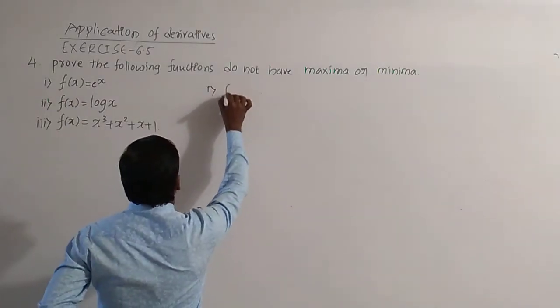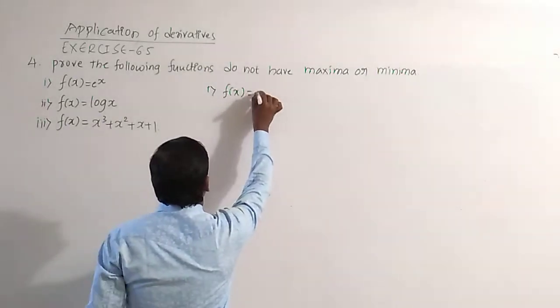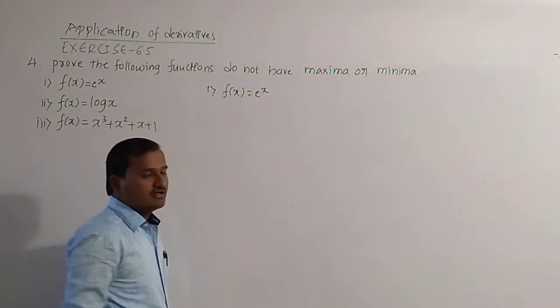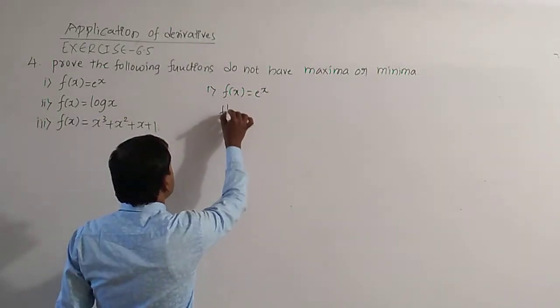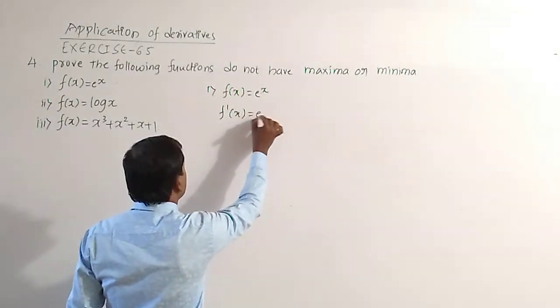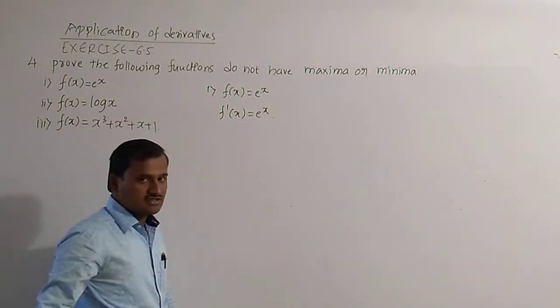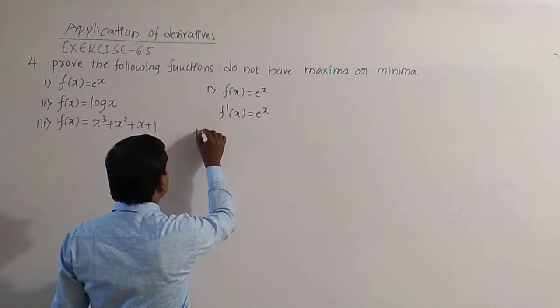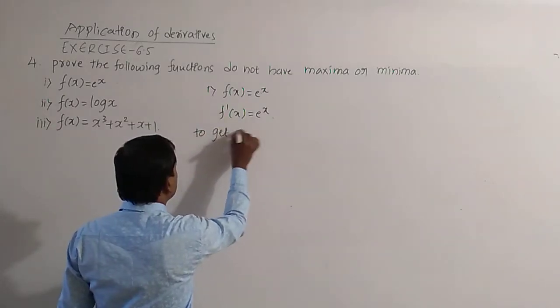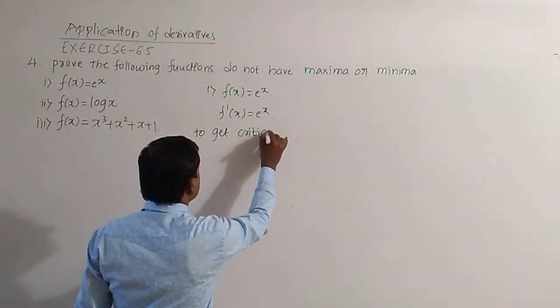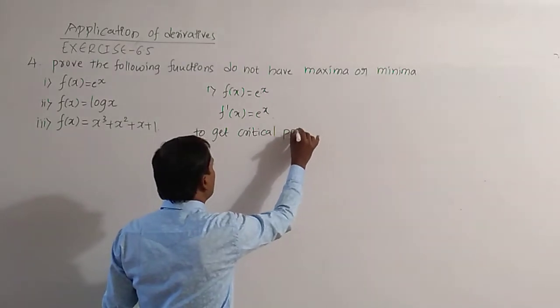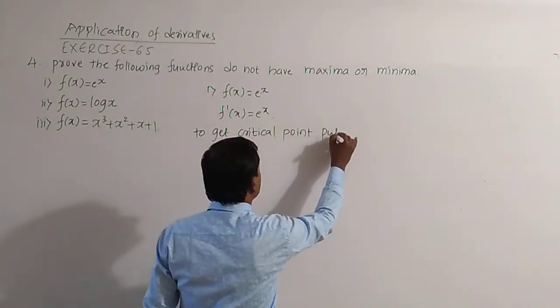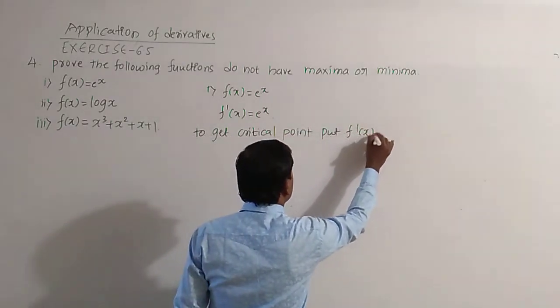The first one is f of x equal to e raised to x. Now we are differentiating this. Here we get f dash of x equal to e raised to x. Now to get the critical point, put f dash of x equal to 0.